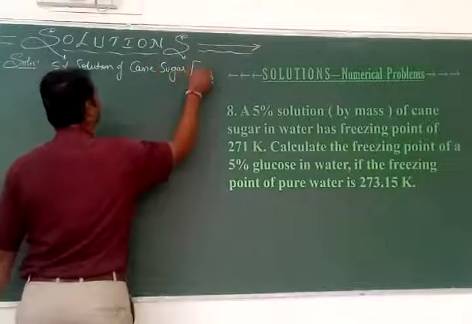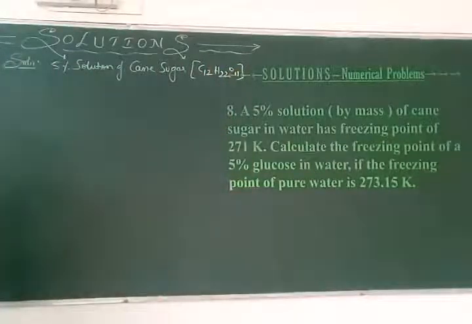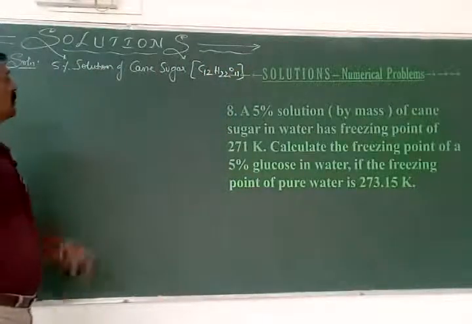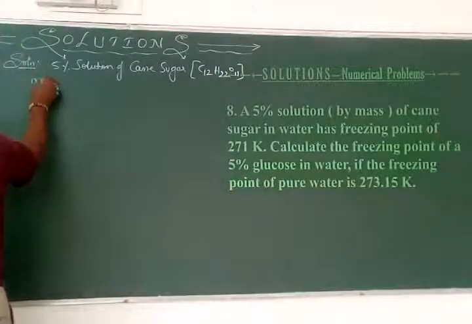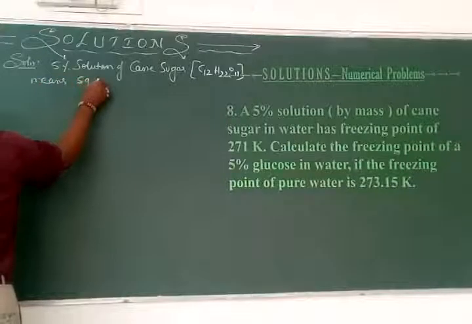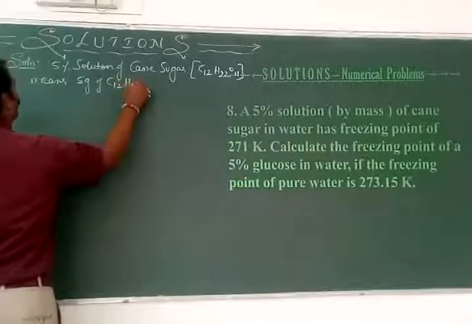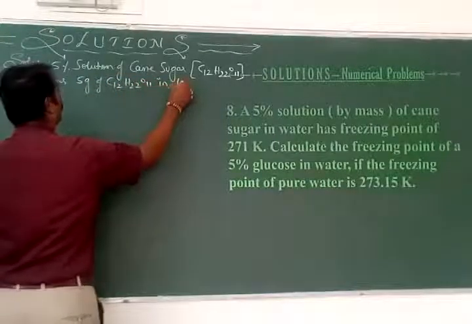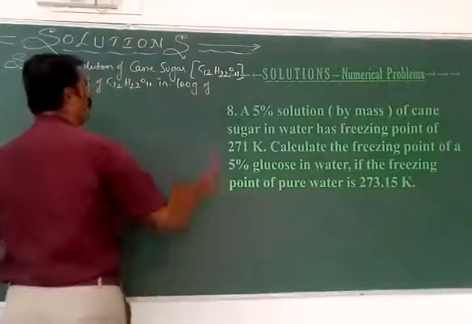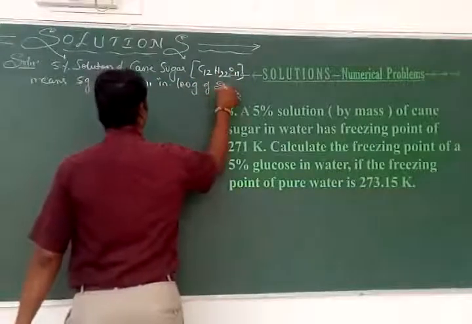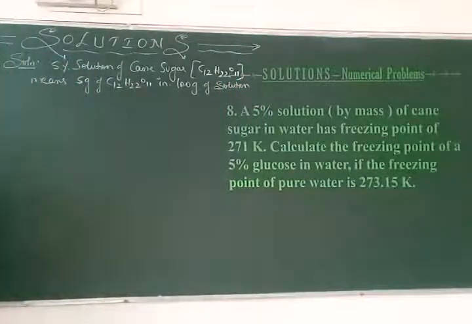Cane sugar means it is C12H22O11, called sucrose. 5% solution of cane sugar, that is C12H22O11, means what? 5 grams of C12H22O11 in 100 grams of the respective solution.